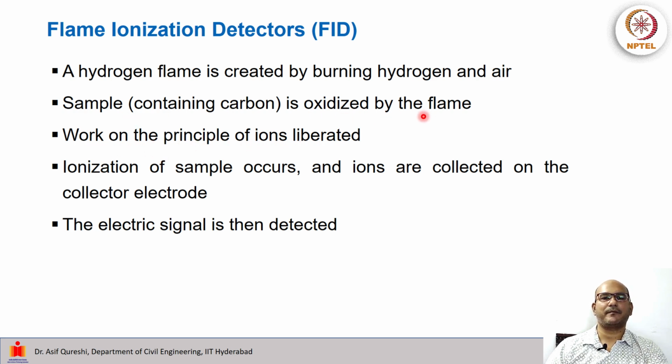In this flame, the ionization of samples occurs, and the liberated ions are collected on the collector electrode. When these ions are collected on this electrode, we have an electric signal which we can relate to the concentration of the analyte in the sample.